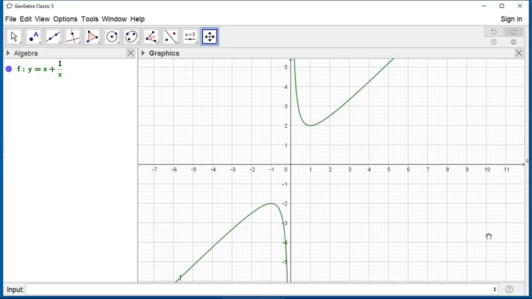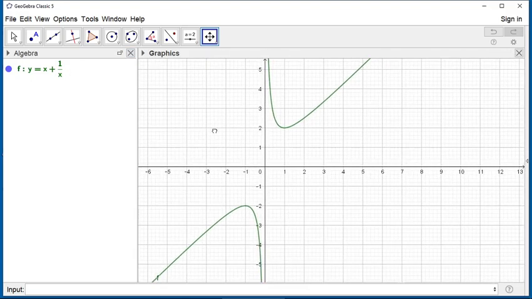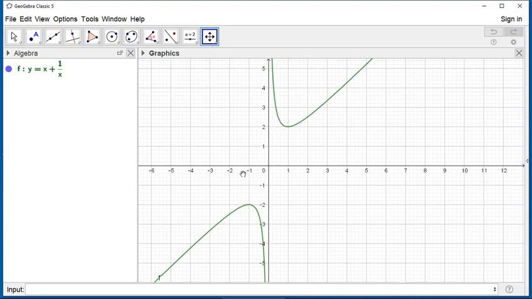Now we can see the graph of the function y equal to x plus 1 by x. This is the graph of this function. If we compare the result, within the interval minus infinity to minus 1, we can see it is increasing.